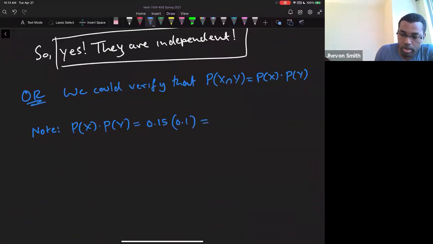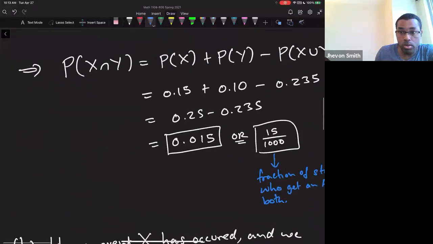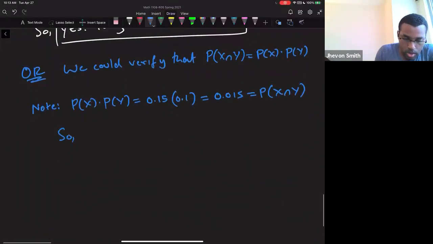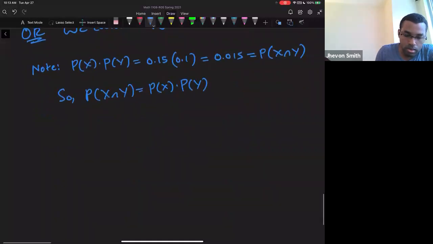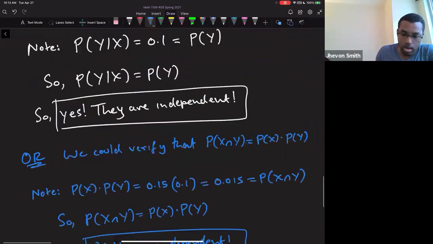If you multiply those, you get 0.015. And if you look at the probability that we got for "and," you'd realize that was 0.015. So these are actually the same. So the probability of X and Y is the product of the probabilities. So this means that X and Y are independent. So you could also do it that way.